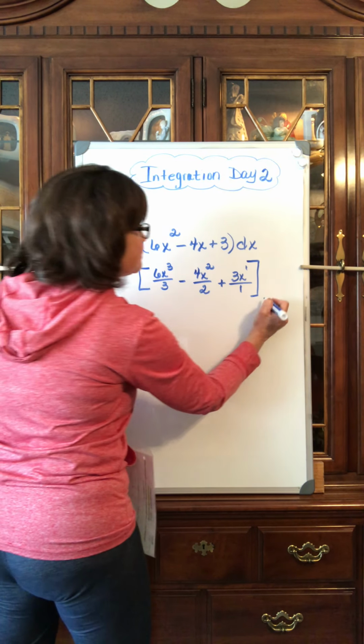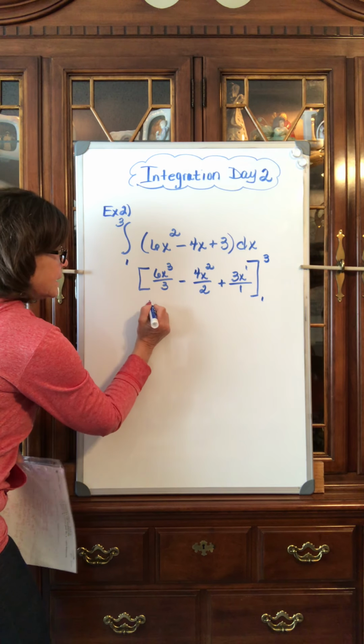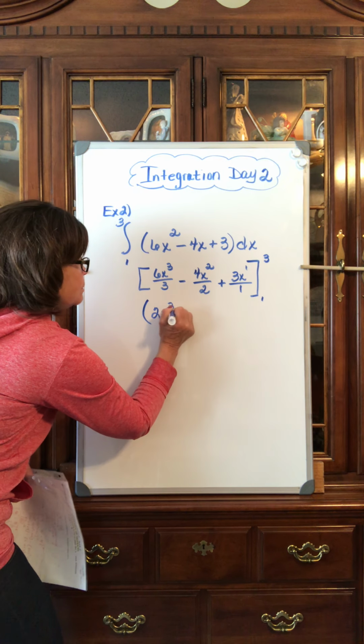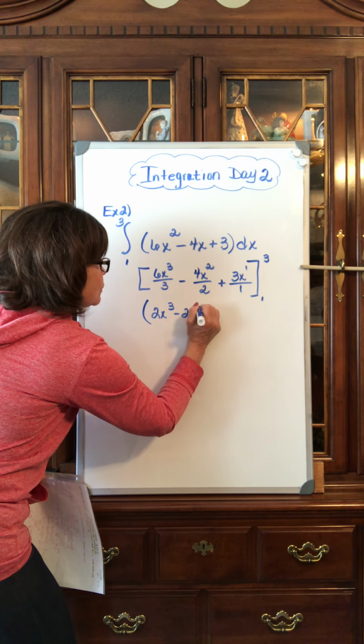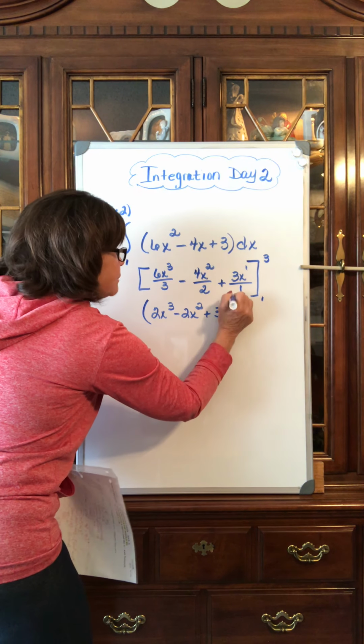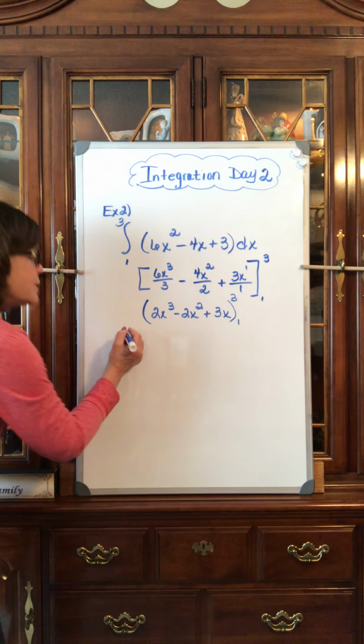And we're integrating this between x values of 1 and 3. Simplify the integration. So when I simplify this, I'll get 2x cubed minus 2x squared plus 3x. I'm integrating between x values of 1 and 3. Plug in the top number first.